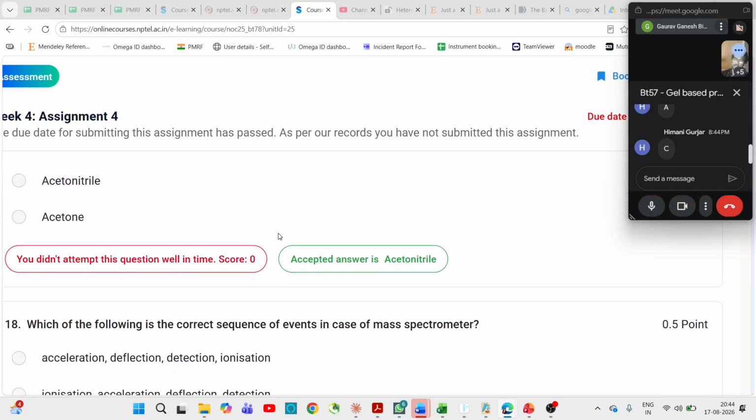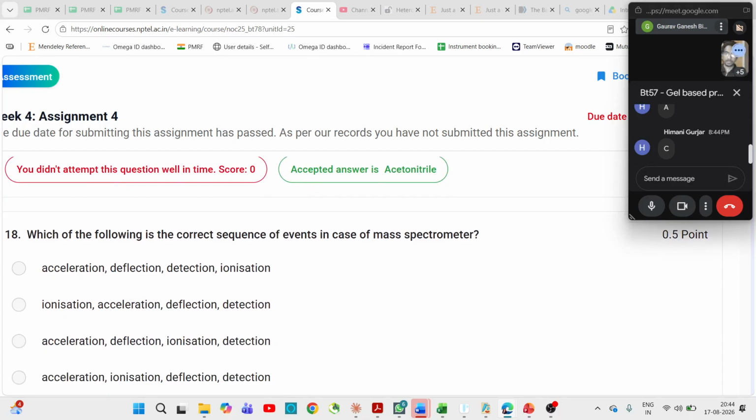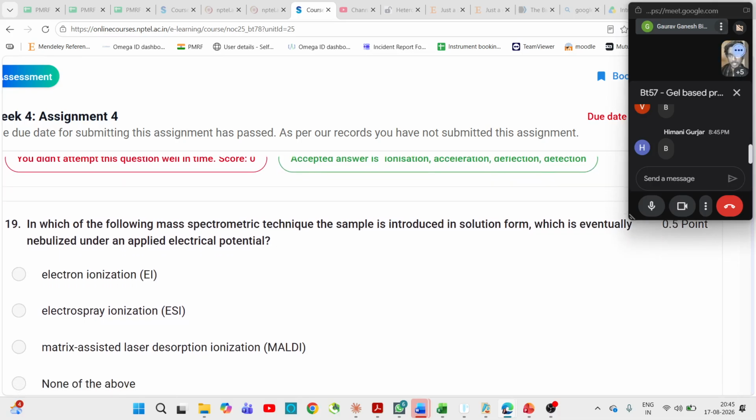Which of the following is the correct sequence of events in case of mass spec? In which of the following mass spec techniques is the sample introduced in solution form and eventually nebulized under an applied electrical potential?